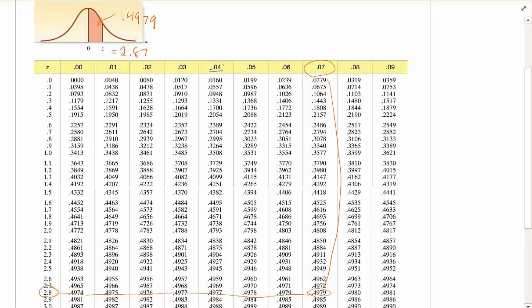0.4979. Now by symmetry, my p-value would be equal to 0.5 minus 0.4979, which equals 0.0021.